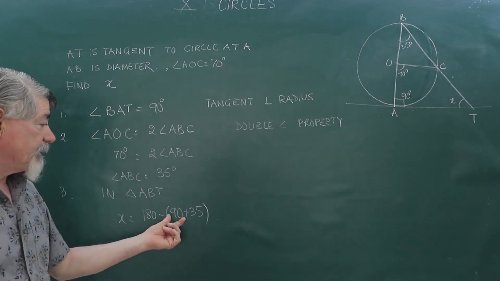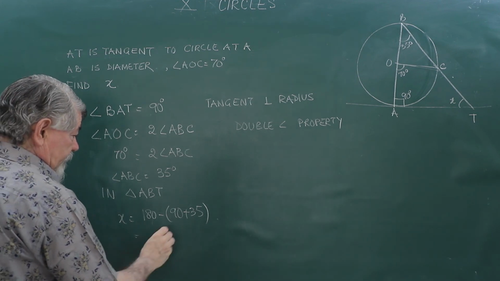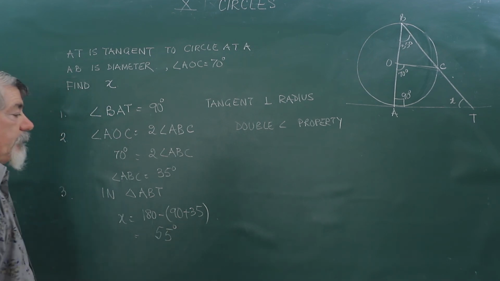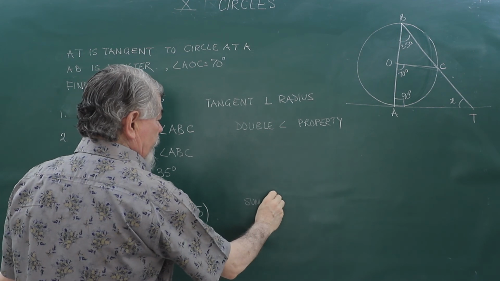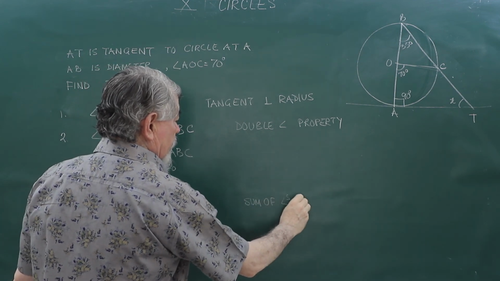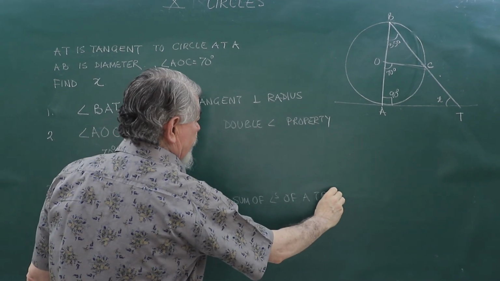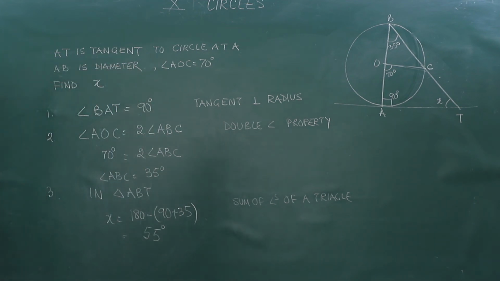So 180 minus 90 plus 35, that will be how much? 55 degrees. Sum of angles of a triangle. These are reasons you should always write. Sum of angles of a triangle is 180 degrees.